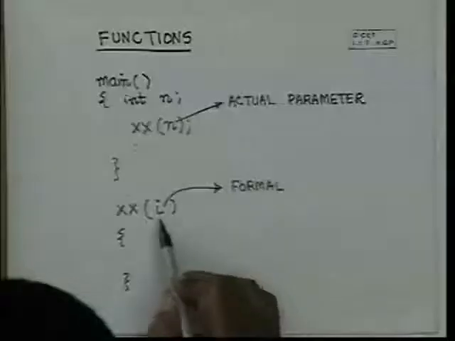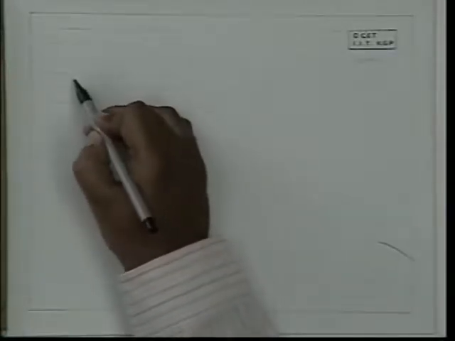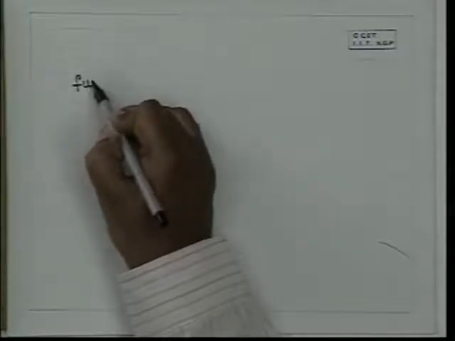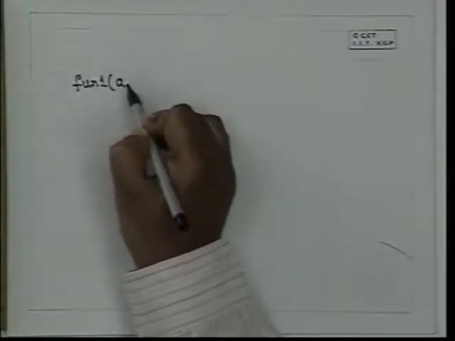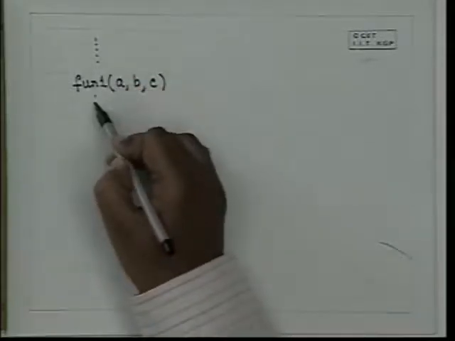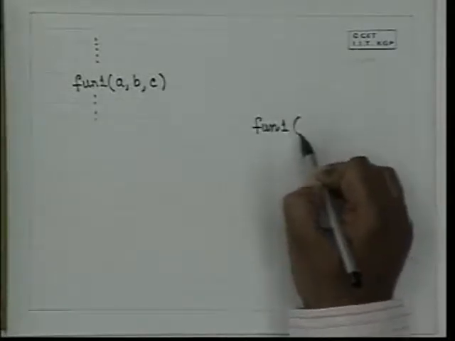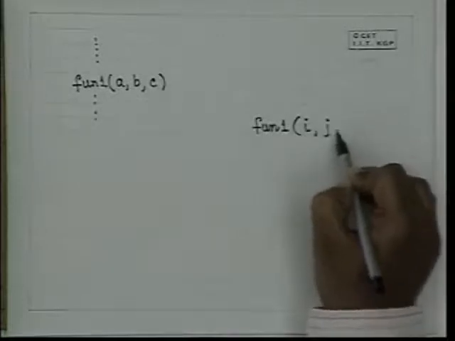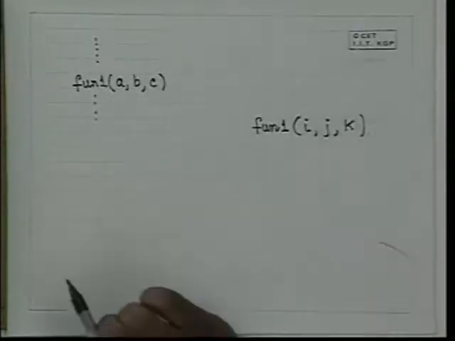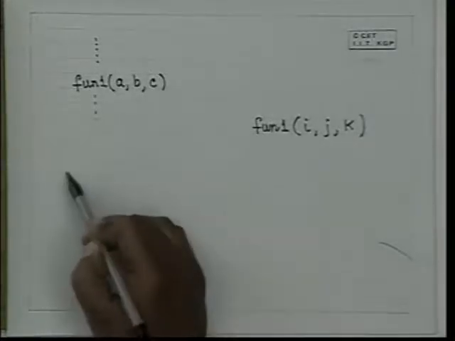So we've got the actual parameter here and the formal parameter here. Now in any programming language, we shall see that when there is a function called, say, fun1 a, b, c, there is a call. And we have got the formal parameters, as I mentioned before, i, j, and k. Now these A, B and C are occupying some locations in the memory.